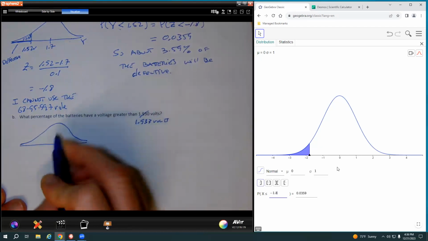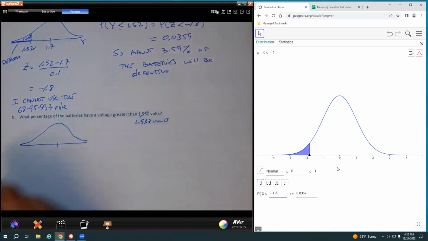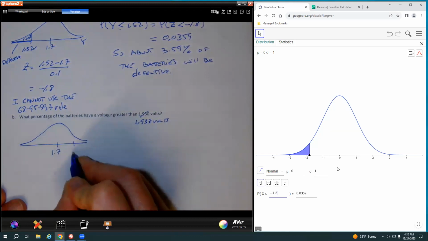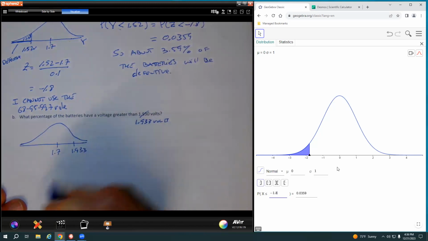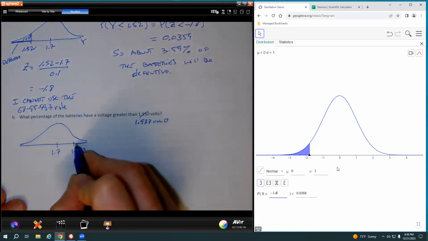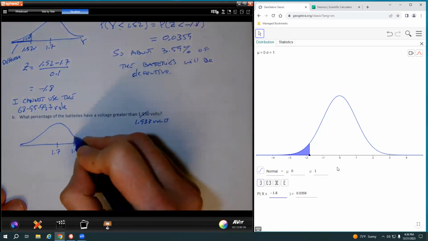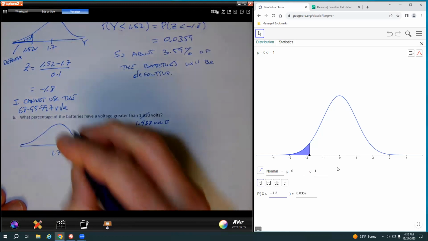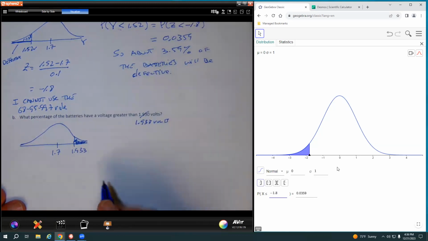So I wrote it once. If I hadn't written it, I would do it again. But I write my 1.7, then I write my 1.933, and what I'm after is this area right here. Okay, so what's the chance of that happening?